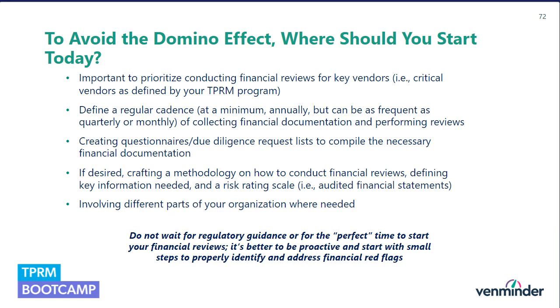From there, you can define a regular cadence, at a minimum on an annual basis, and then also create templates and questionnaires that you can use for a consistent experience when performing your vendor financial reviews today and in the future. Involve different parts of your organization, as we'll discuss on the next slide, and a best practice is never to wait for regulatory guidance to dictate when you should start. It's always better to start as early as possible to, again, avoid that domino effect.